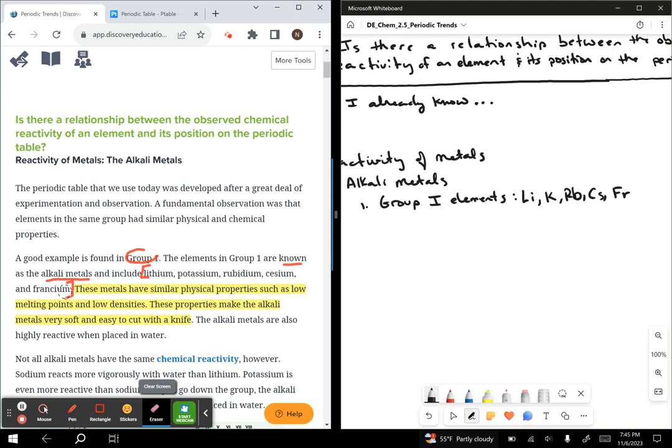These metals have similar physical properties such as low melting points and low densities. These properties make the alkali metals very soft and easy to cut with a knife. Let's put this as number 2.